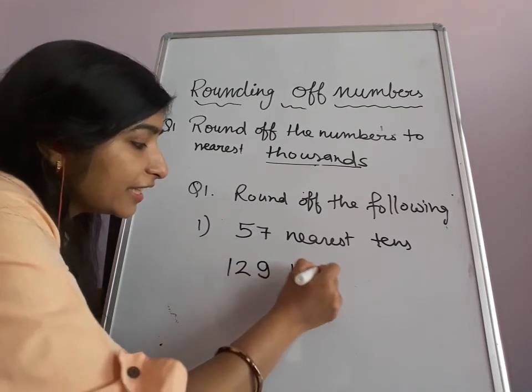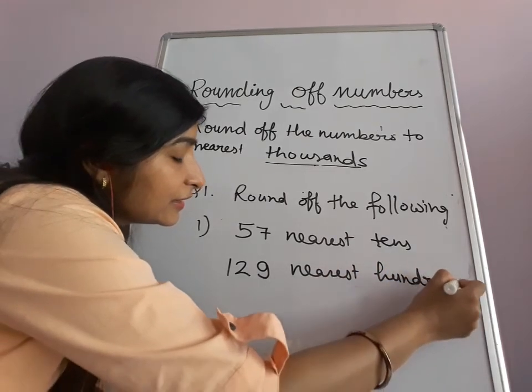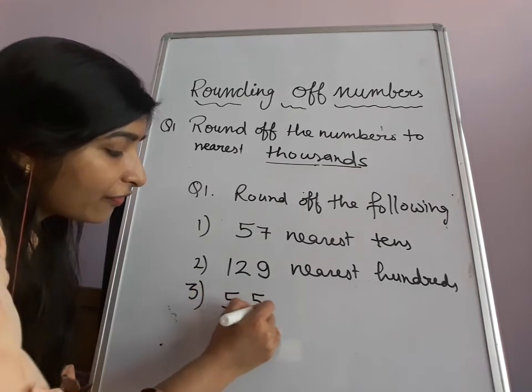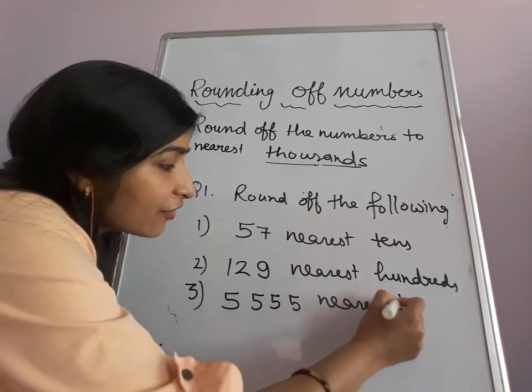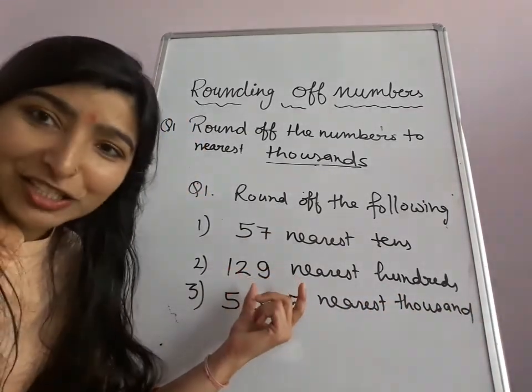Second, 129 to the nearest hundreds. And third part is 5555 to the nearest thousand. So this is the task for you.